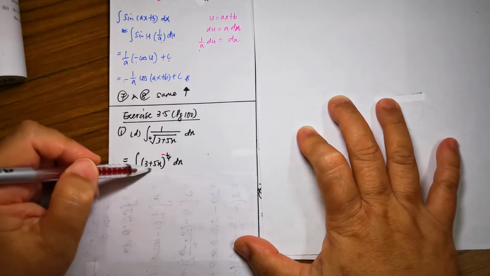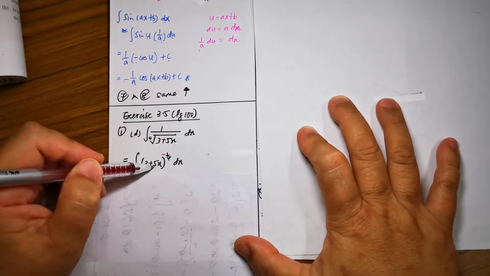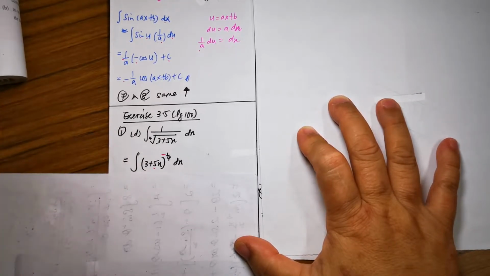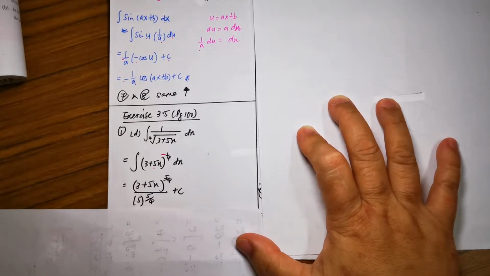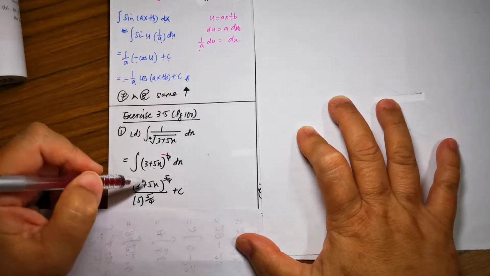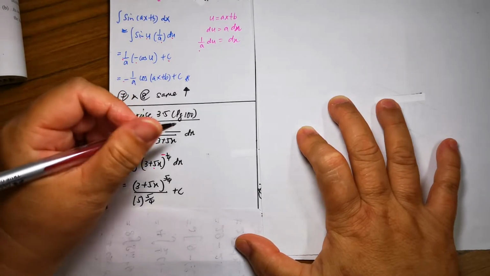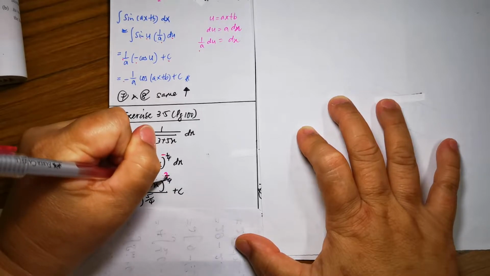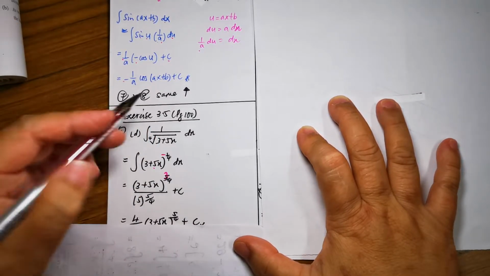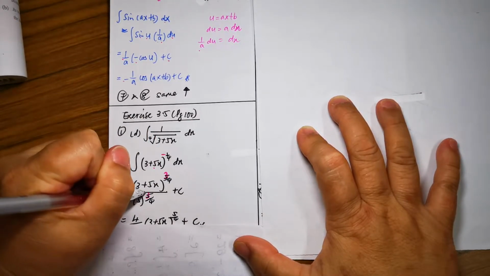And inside is linear, right? ax plus b. This is your a. It's in the form ax plus b, so direct formula. Copy whatever is in the bracket. Index plus 1, so negative 1 over 4 plus 1 is 3 over 4. Over 3 over 4.